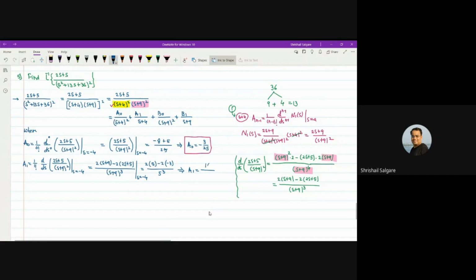So can you follow the same steps for B? So this is 16 divided by 125.